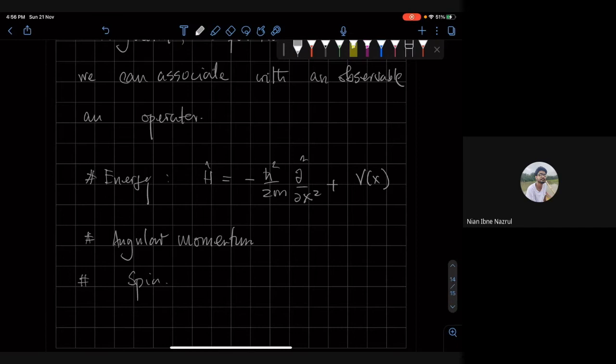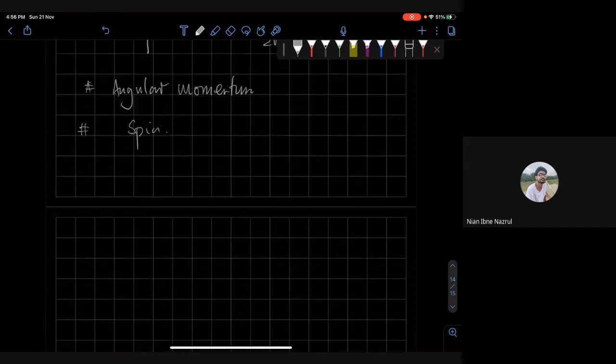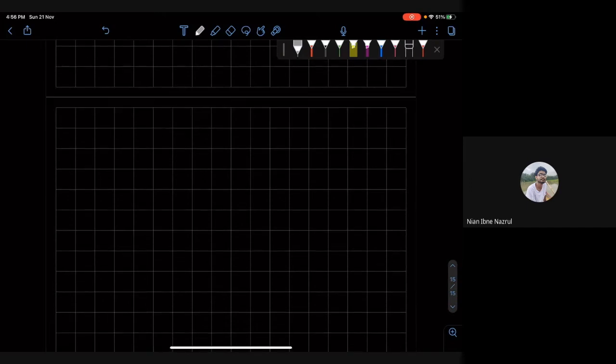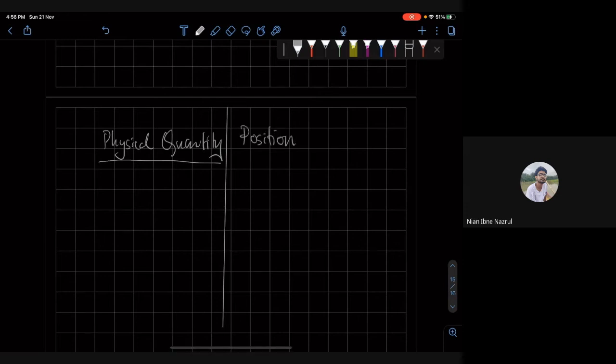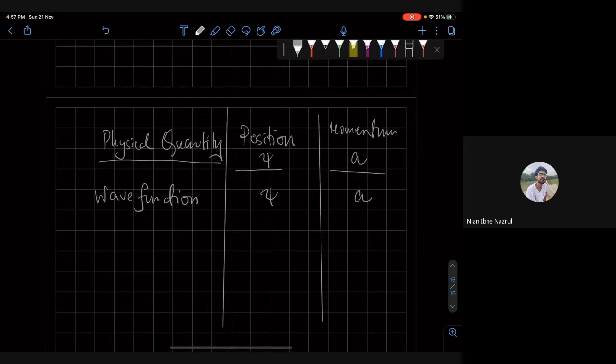So let me just finish with a chart, and the chart is going to be physical quantity here, in the position representation, which is where the wave function is given by psi, and the momentum representation, where the wave function is given by A. So, wave function in position space is psi, just repeating what I said, and in momentum space it's A. Probability density in position space is modulus psi squared.